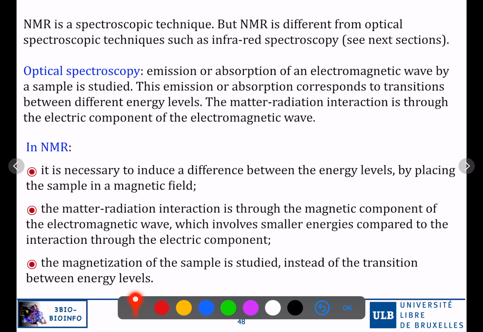As a result, this means that you will involve smaller energies compared to the interaction through the electric component. And finally, what we will study here is mainly the magnetization of the sample instead of the transition between the different energy levels. So those are the main differences between NMR and more classical optical spectroscopy.